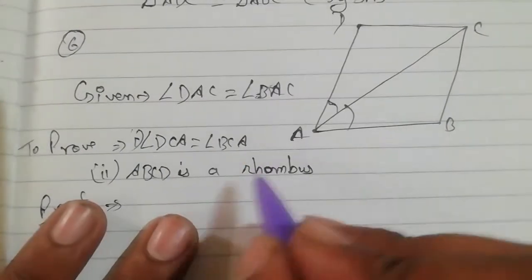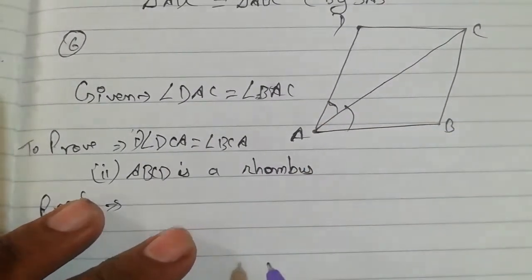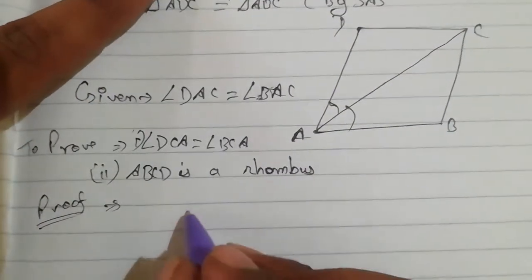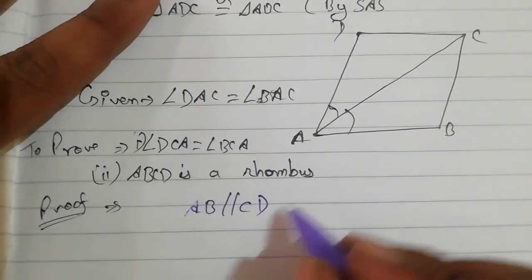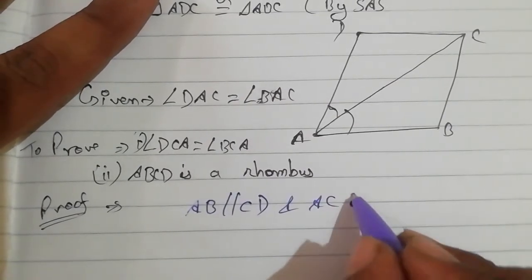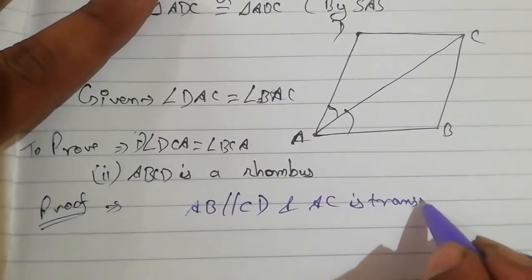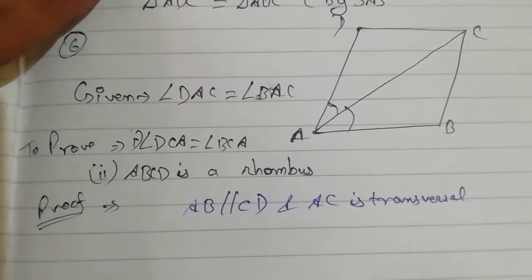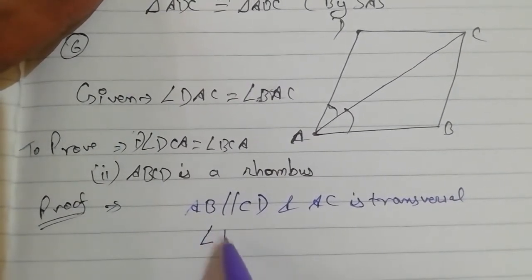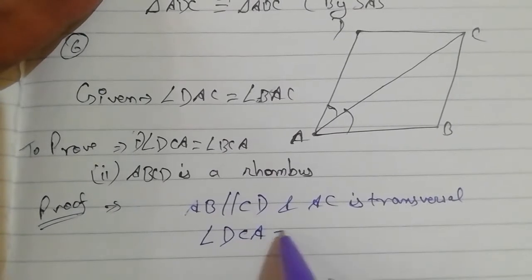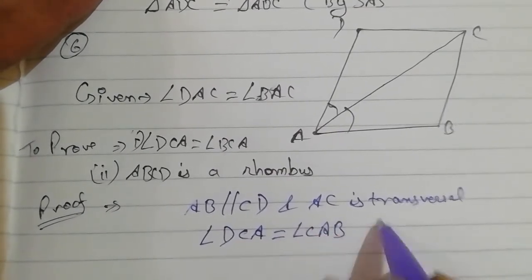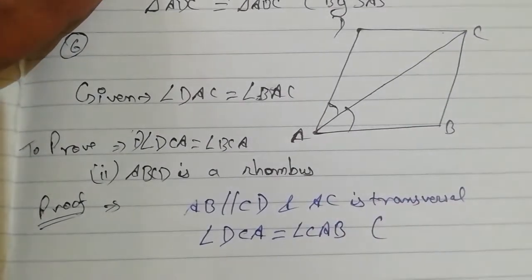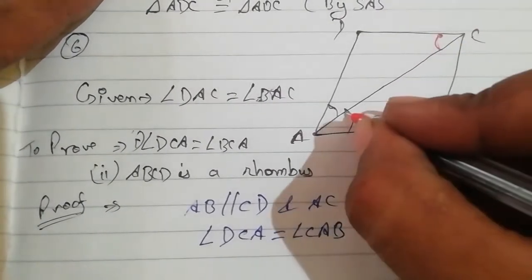Now we have ABCD is a parallelogram. So AB is parallel to CD, we can say that because ABCD is a parallelogram, and AC is the transversal. So from this we can say that angle DCA is equal to angle CAB because these two are alternate interior angles, this one and this one.